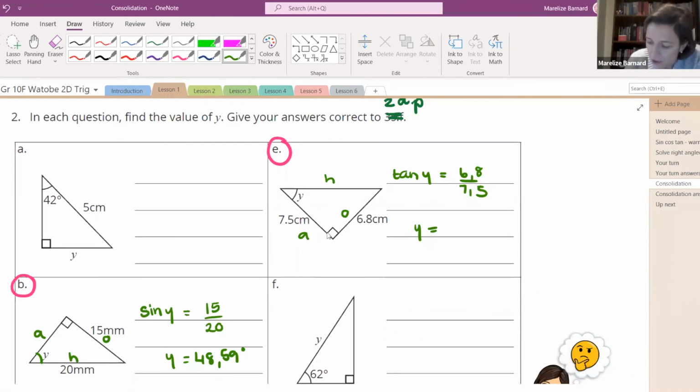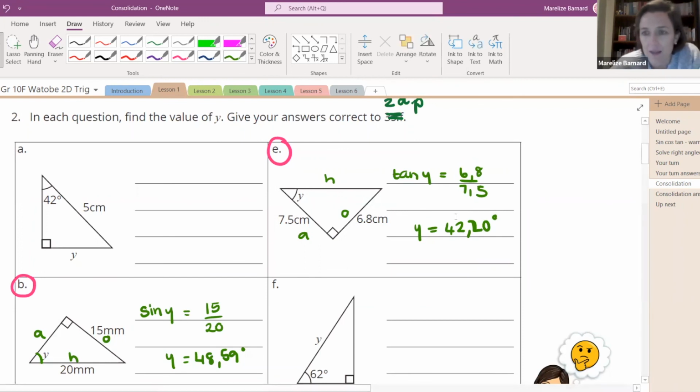So we're going to go shift tan 6.8 over 7.5. That gives me 42,2. Because we go 197, so that's going to push the 9 up into a 2. Okay, right. That is it for today. You can take a screenshot if you want to go practice.